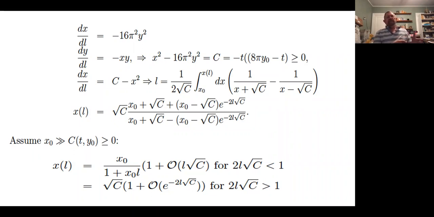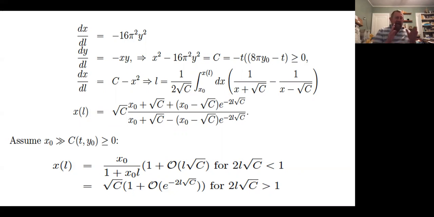So that we can integrate that thing easily and get the solution of x of L is equal to root c times, okay, I won't tell you any more about this, but you see that it is this expression here.